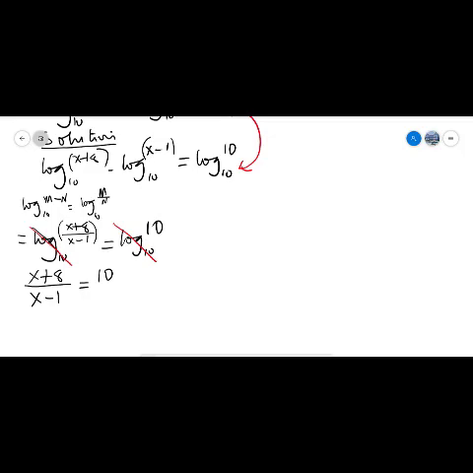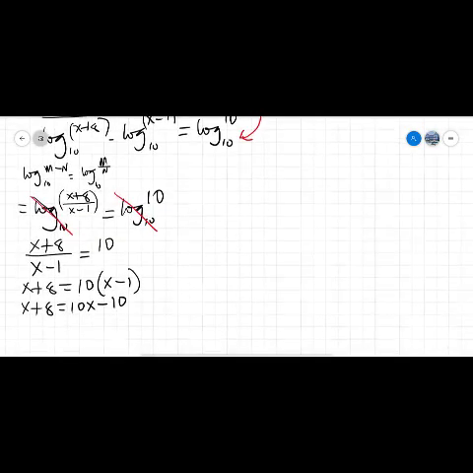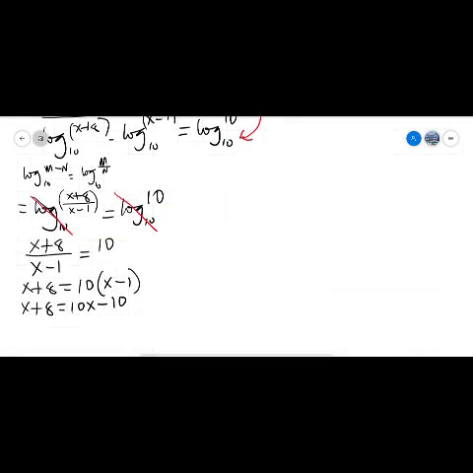Cross multiplying will give us x plus 8 equals 10 times (x minus 1). Of course, x plus 8 will be 10x minus 10. And that being the case, collecting like terms would give us that 8 plus 10 equals 10x minus x.